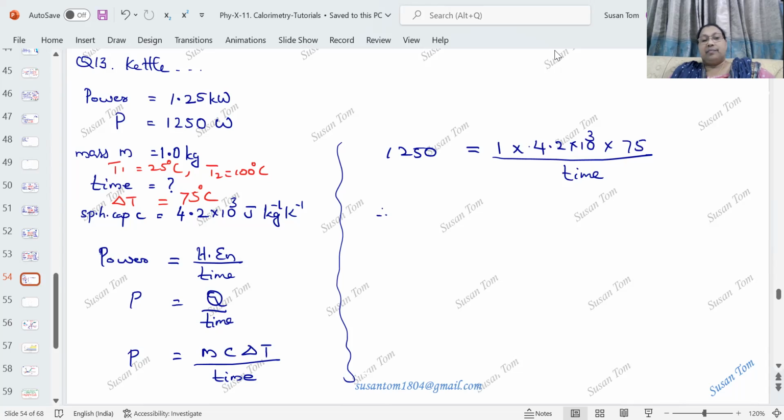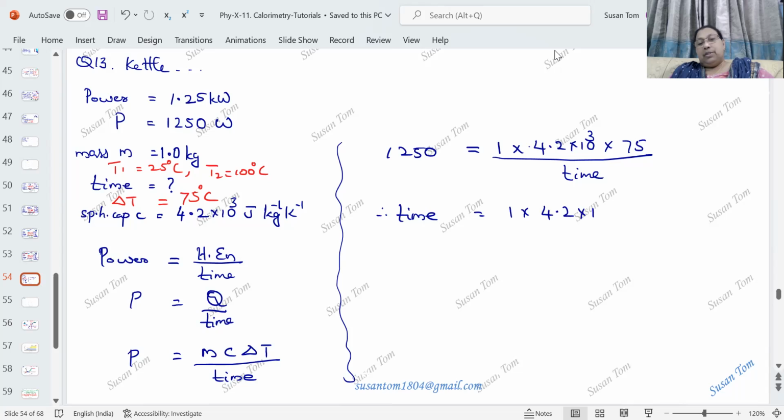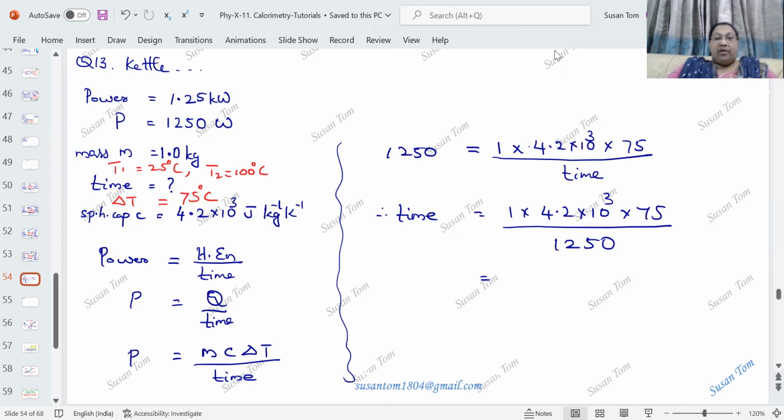Can you solve? 1 into 4.2 into 10 raised to 3 into 75 divided by 1250. First you obtain it in seconds, since we have taken joules per second. Then divide by 60 in order to make it into minutes.